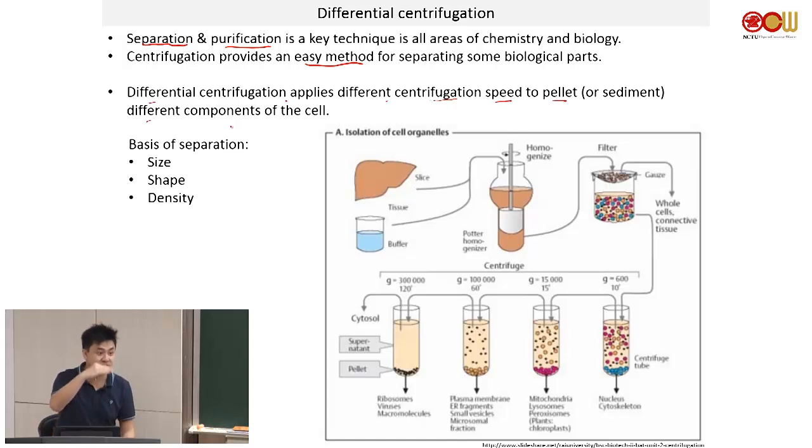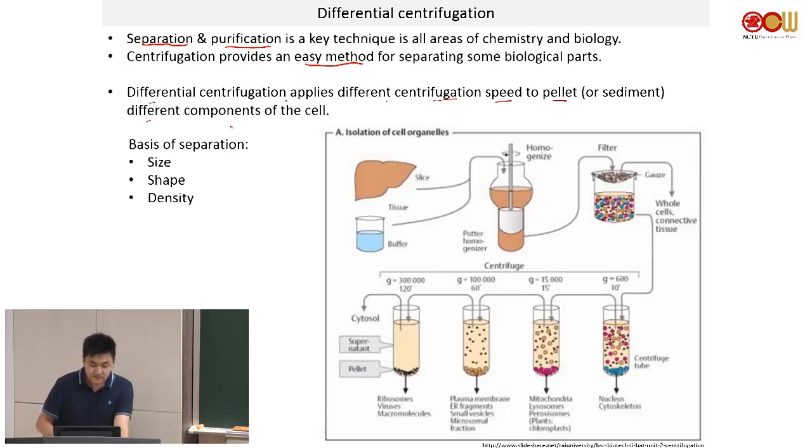Some of the insoluble things can still be in the middle. Okay, so this is differential centrifugation. You centrifuge at different speeds. This separation is achieved based on the size of the molecule, the size of the biomacromolecule, the parts of the cell. It's also based on the shape and the density of the particular stuff that you're treating.